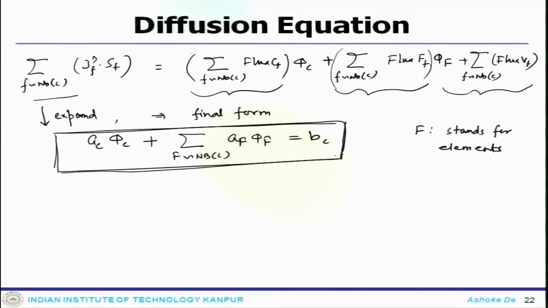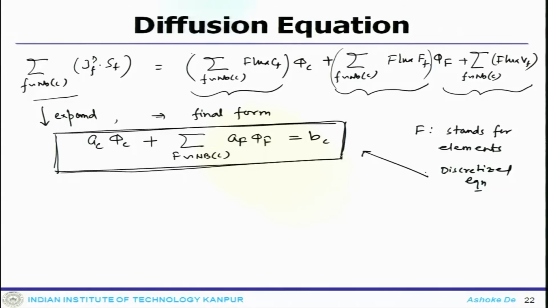And again I am reiterating, this is one of the beauties of the finite volume method: what you get at the end, the discretized equation, looks pretty similar whether it is an orthogonal system or non-orthogonal system.